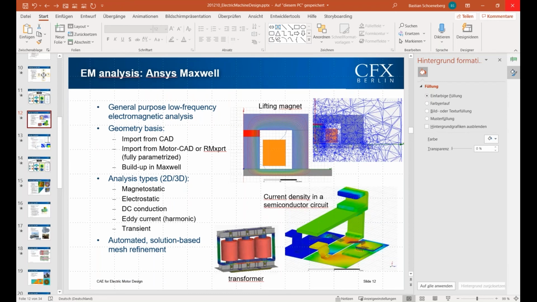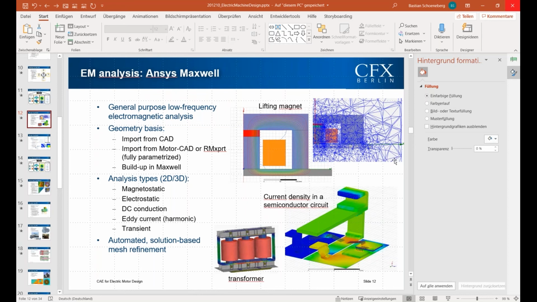And in Maxwell, we start with some initial mesh that is automatically created. We can also define some refinements based on geometry, for example, in regions where we know that are important to us. But when we start the calculation, the solver will look at the field distribution and will estimate an energy error in the magnetic field.